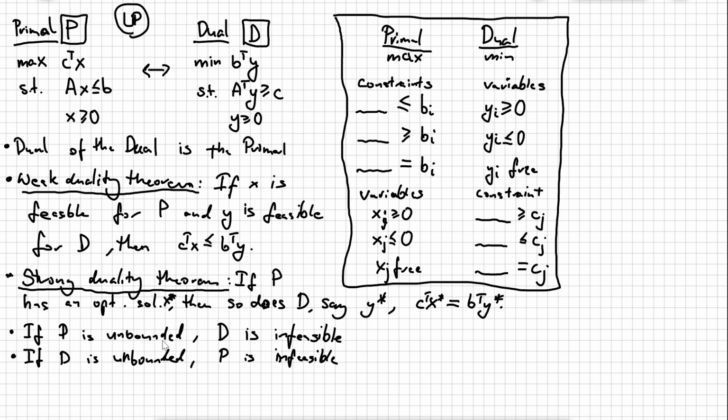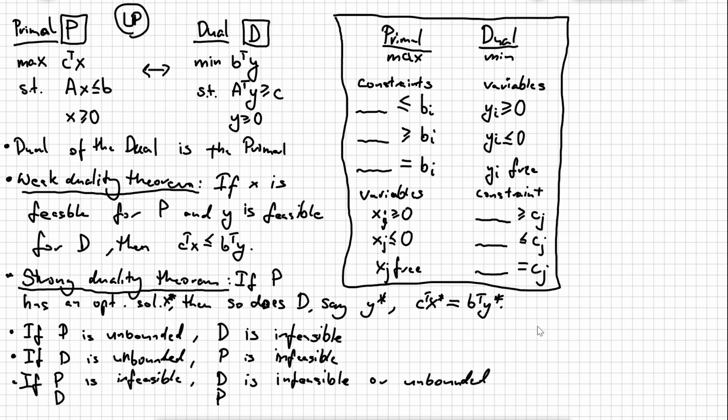In fact, no. We can say, if primal is infeasible, then the dual is infeasible or unbounded, right? And of course I could have written the same sentence, if the dual is infeasible, then the primal must be infeasible or unbounded.